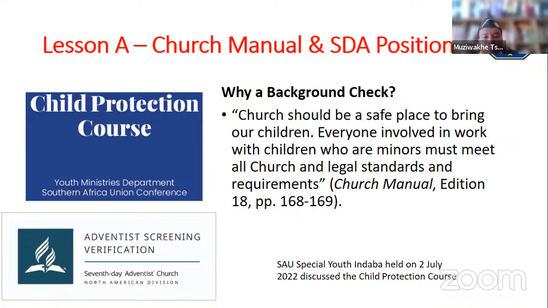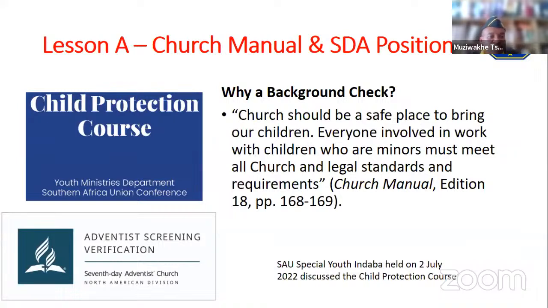Everyone involved in work with children who are minors must meet, number 1, all church, and number 2, legal standards and requirements. So it means that the church has a standard, but we also need to be aware of the legal standards and requirements that we need to fulfill. And one of them is that when we are working with children, we have to obtain a police clearance.